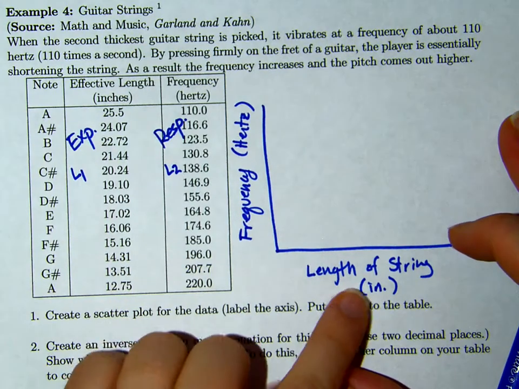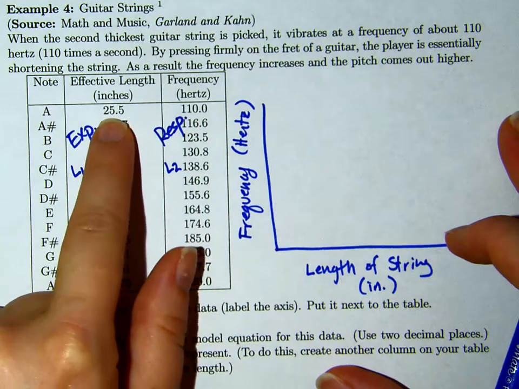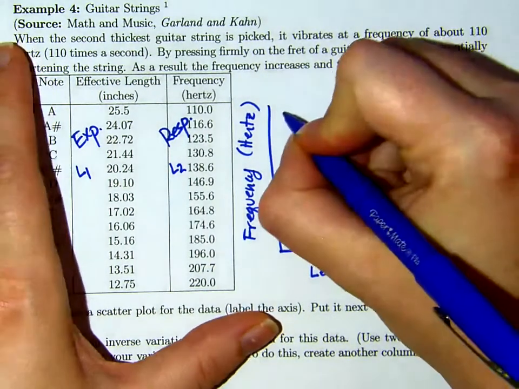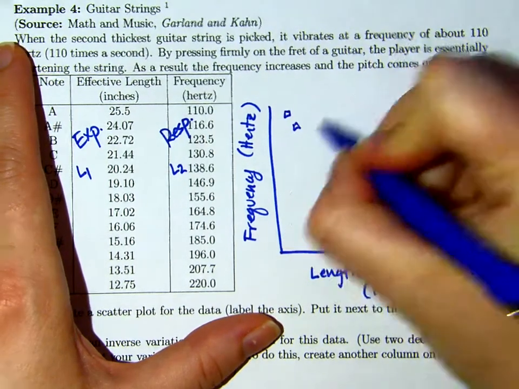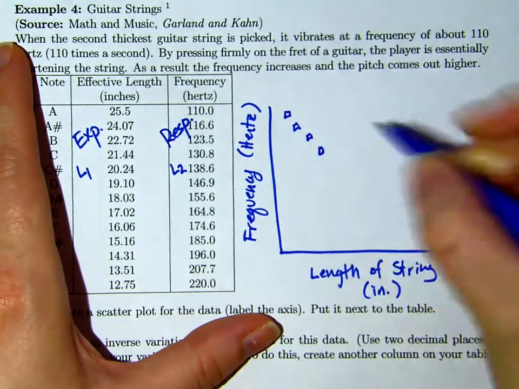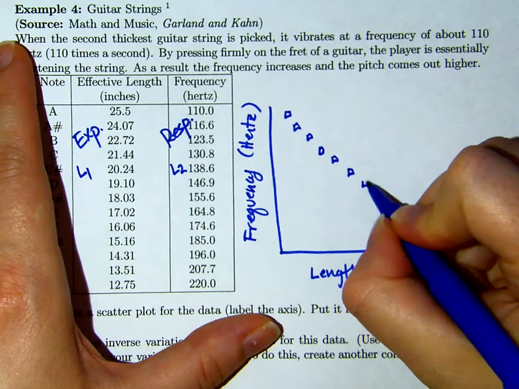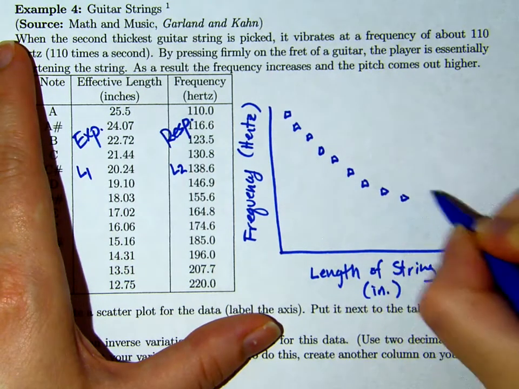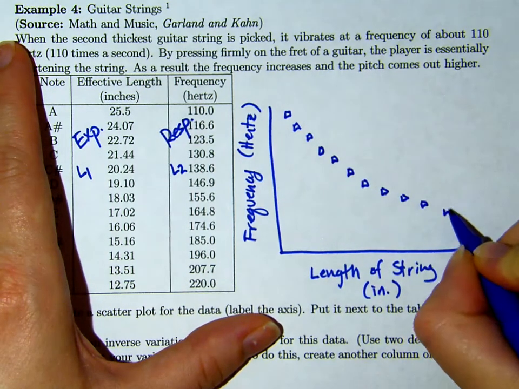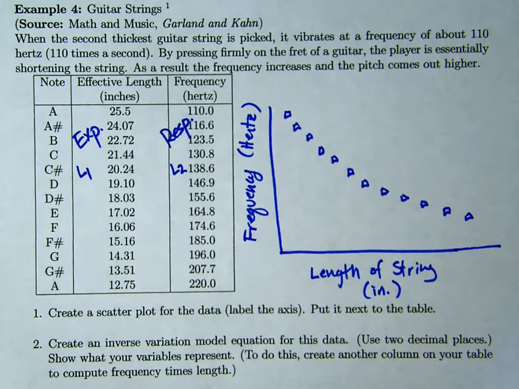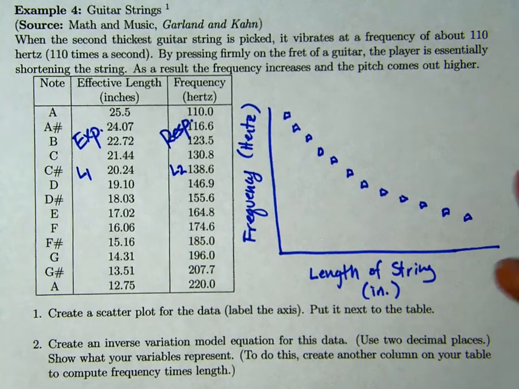They mean you're holding it down so it's not that long anymore. It's this long. And the image, there are so many data points on this one. Roughly like that? Okay, got it. So there's our scatter plot.